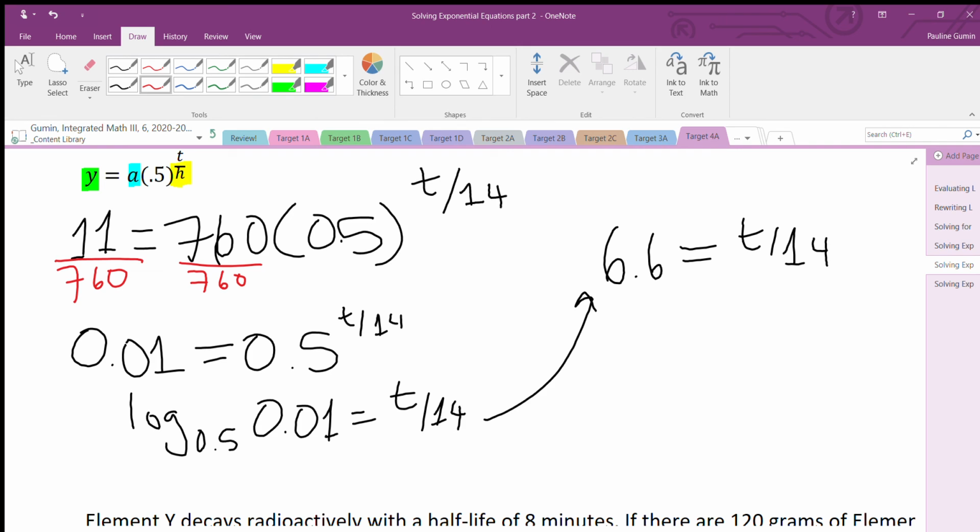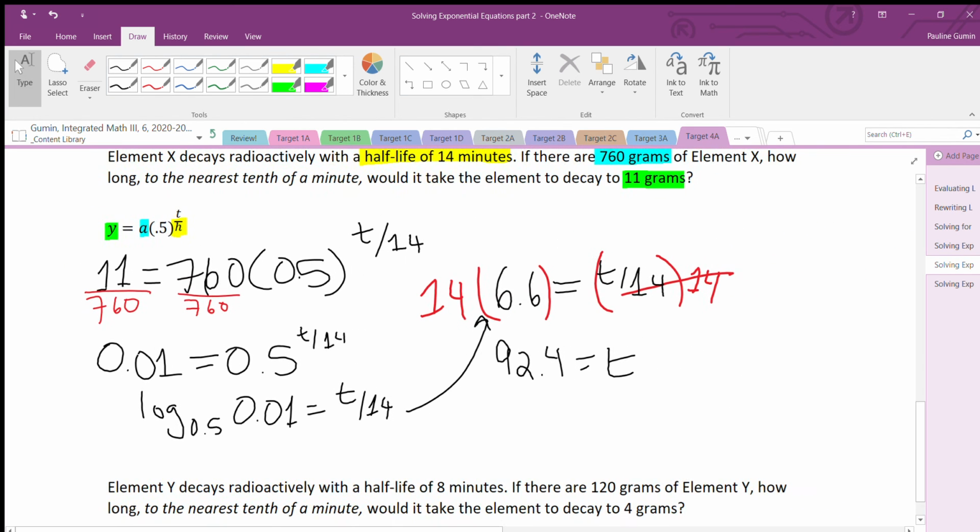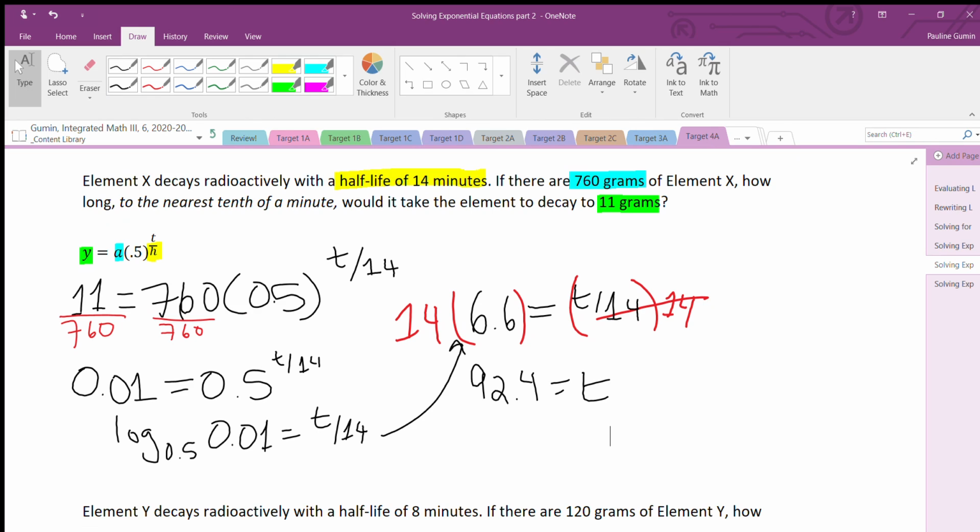And now to get t by itself, we'll multiply both sides by 14. Fractions represent division, so we undo it by multiplication. And I get 92.4 equals t. So it takes 92.4 minutes for element X to decay from 760 grams to 11 grams. So what's that, about an hour and a half?